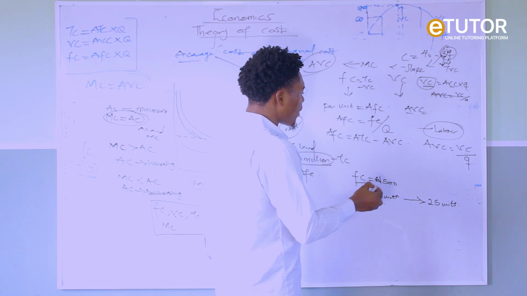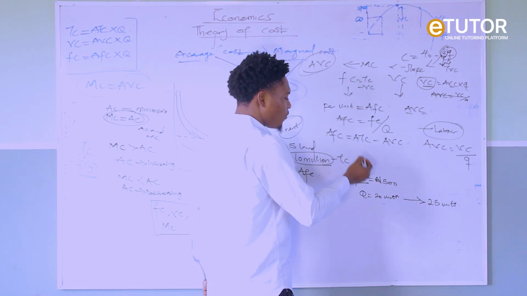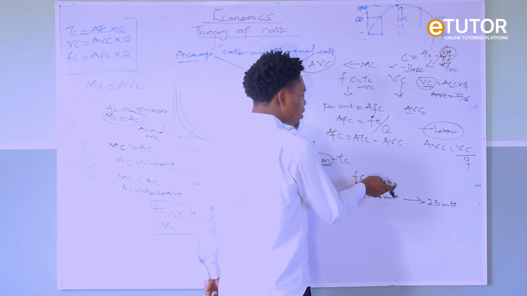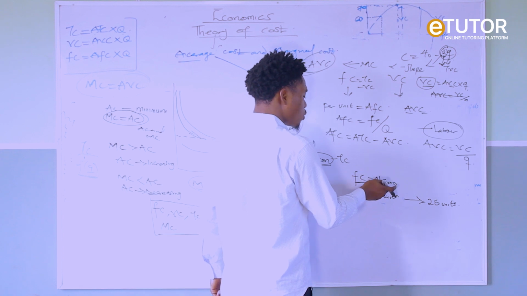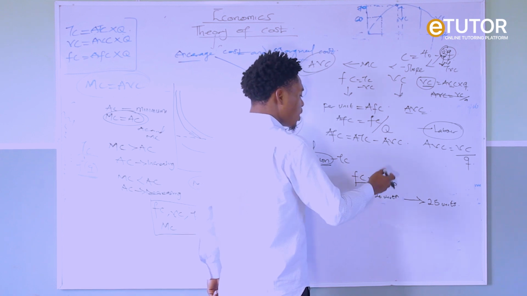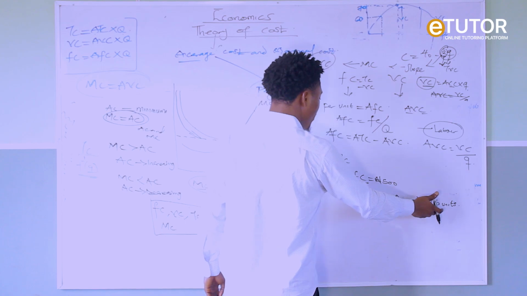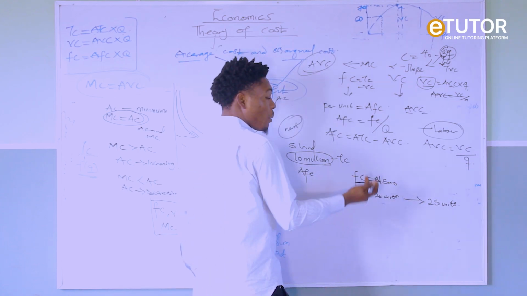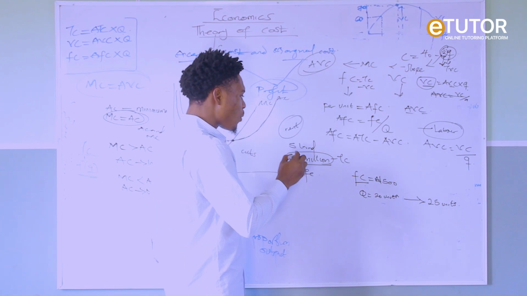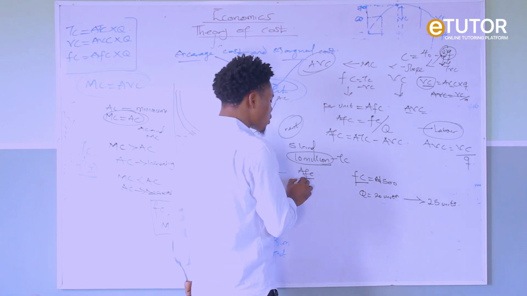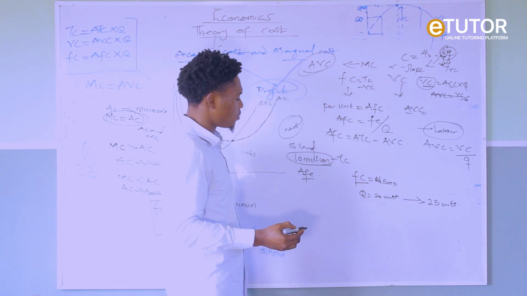The effect on our fixed cost is that it has no effect on fixed cost. The 500 naira that is spent to produce 20 units, even as the quantity increases to 25 units, you are still going to spend the same amount of money. However, in the case of average fixed cost, it is not the same.